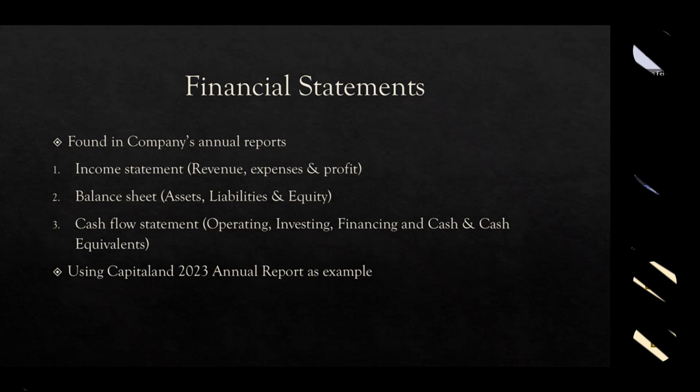Equity would be what is being retained within the company itself. So that's called the balance sheet. The last item would be the cash flow statement, which will include operating, investing, financing, as well as cash and cash equivalents. I will share more about it later in my presentation.